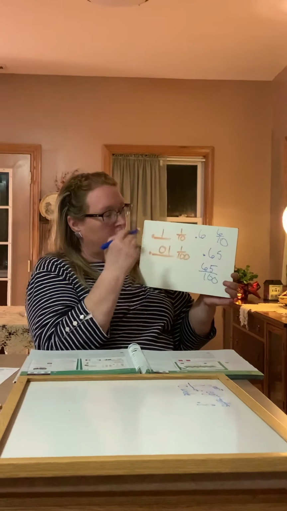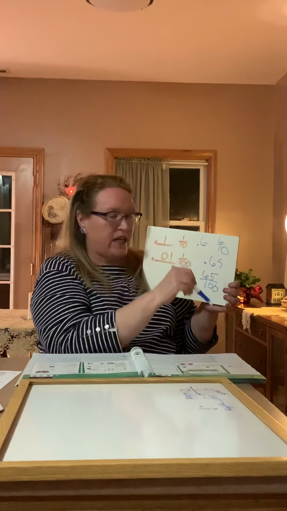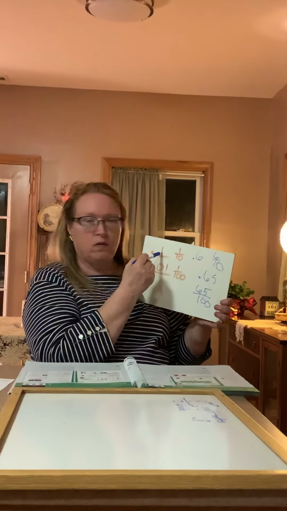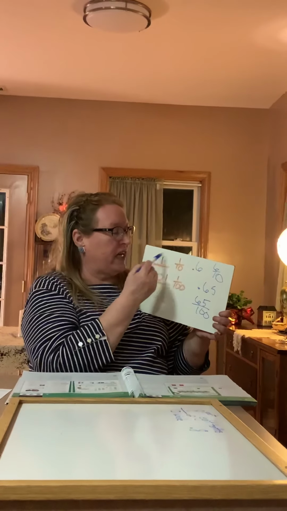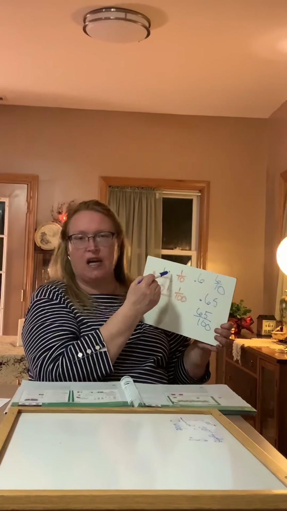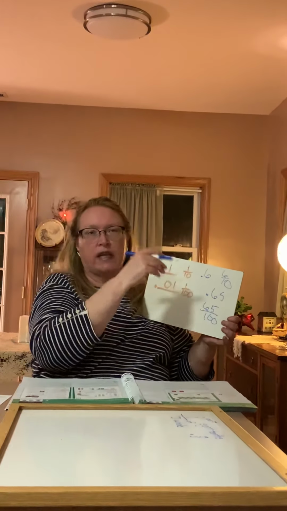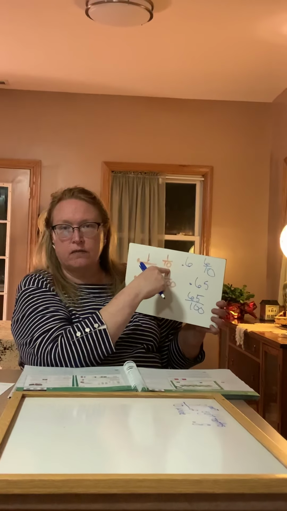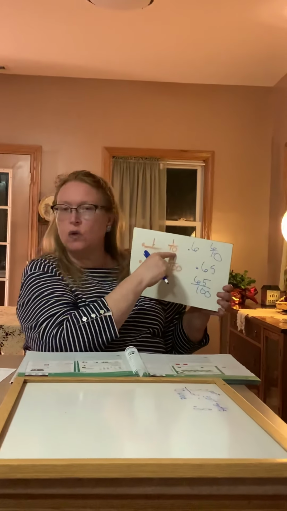Okay, and maybe this will help you to think about when it's tenths or hundredths. If it's just one number behind the decimal, all you see is any kind of one number. It could be a 1, it could be a 9, anything from 1 to 9, it's always going to be a tenth. It's because 10 has 1 zero.